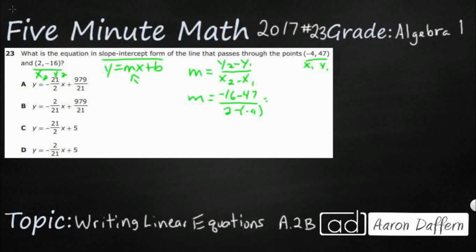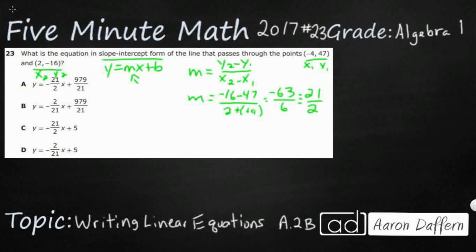That's going to be negative 63. And then I've got 2 minus negative 4, so that's really just 2 plus 4, 6. Okay, so let's see if we can simplify that by 3s. That's going to be negative 21 halves.